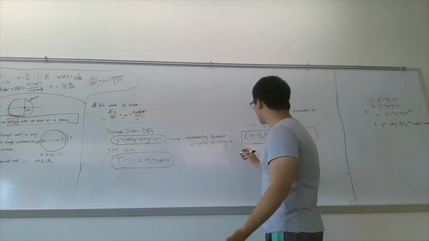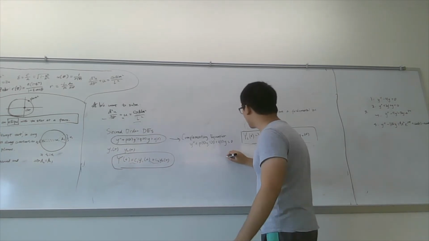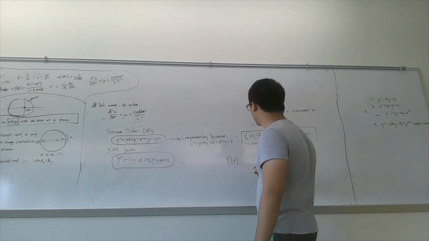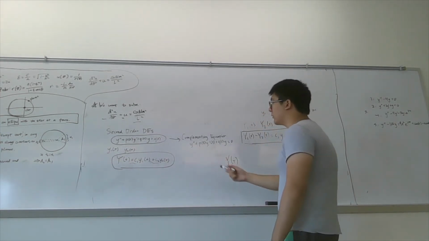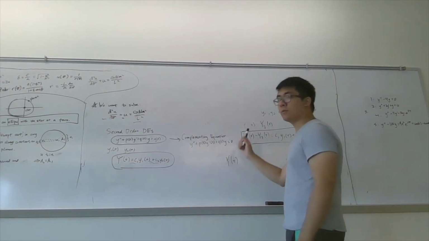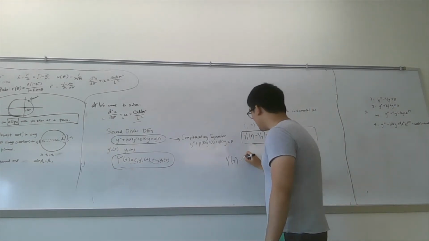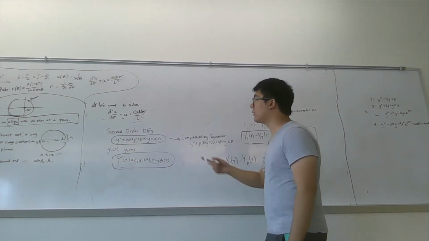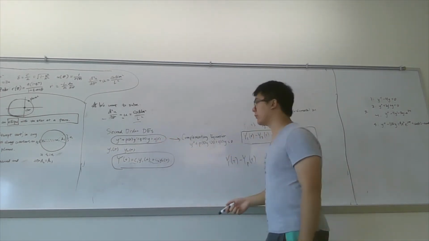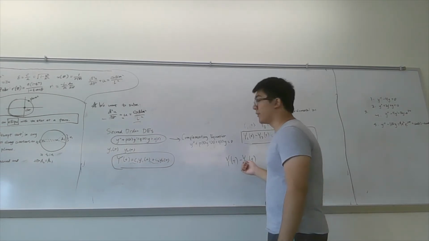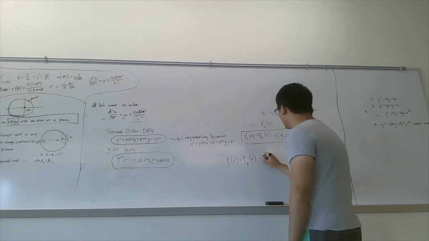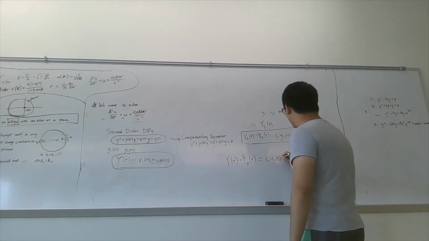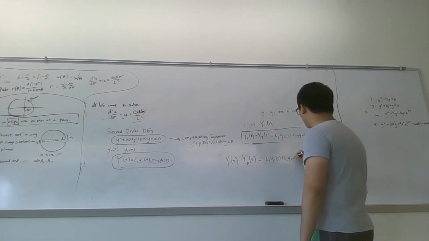So if we set Y1 to be our general solution to our non-homogeneous differential equation, and we set Y2 to be just any particular solution to our non-homogeneous differential equation, which we'll call y subscript p, then it will equal this linear combination.